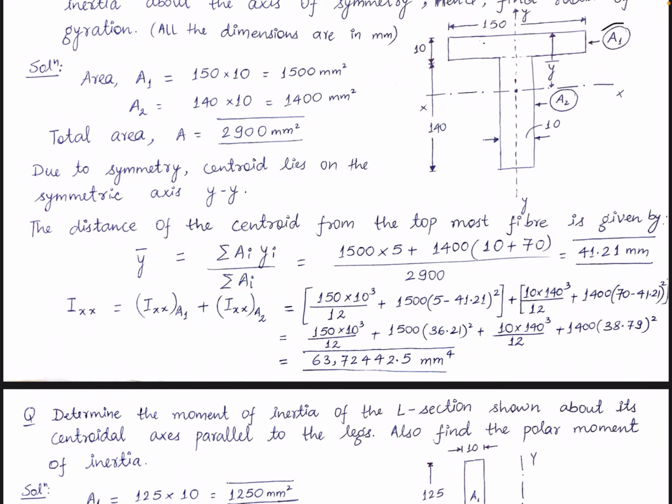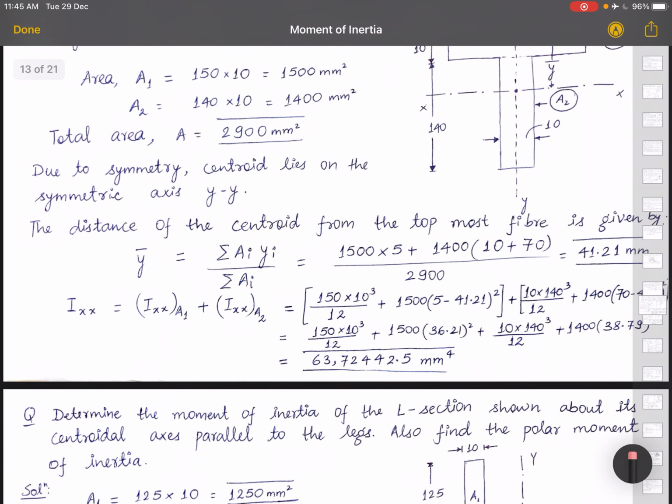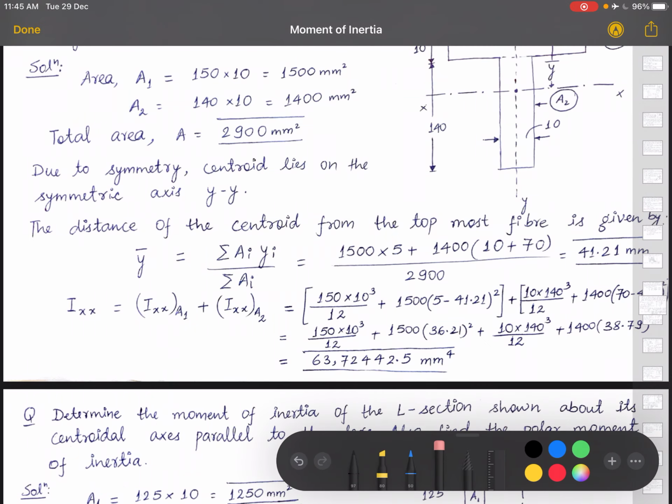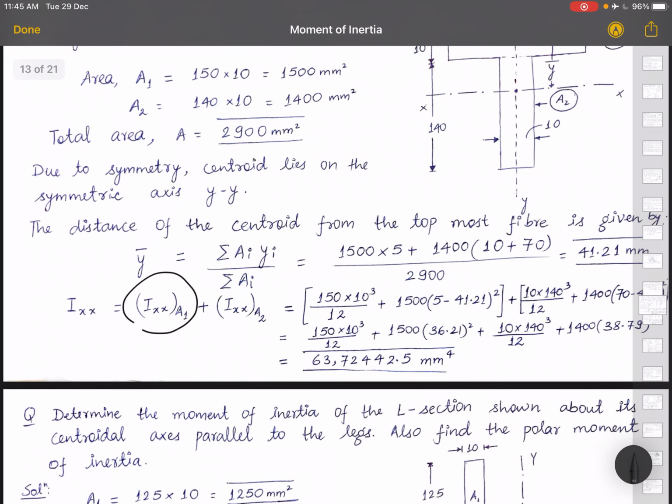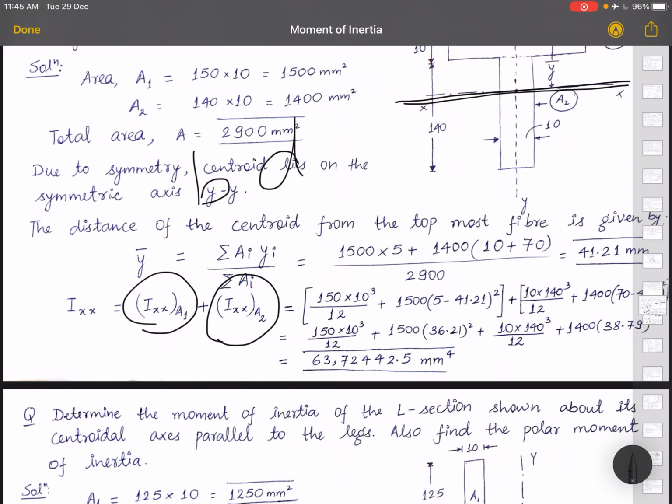Now what will Ixx be? First we calculate for A1 and add it to A2, and then we get the moment of inertia about this axis. For a rectangular section it is bd cube by 12, where d is the dimension perpendicular to the cutting axis.